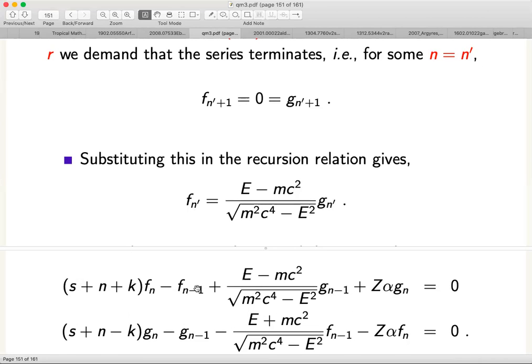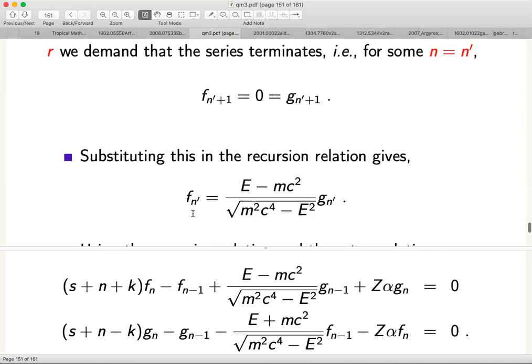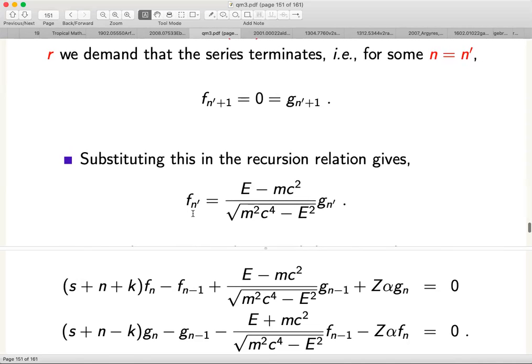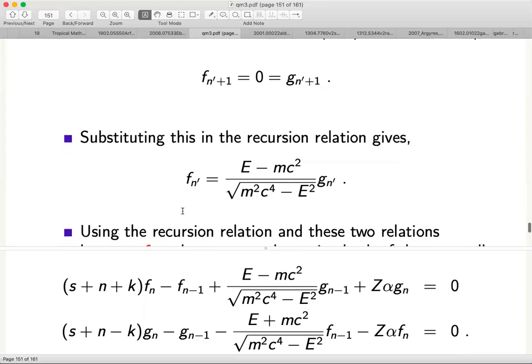Then these two terms go away and it tells you that fn minus 1 is equal to this quantity, which is what this expression is. Since this relation is independent of n and n prime, it is true for any n prime. If this term had survived, the relation would have depended on the choice of n, and it wouldn't be valid for arbitrary n. So what we have found is another relation between fn's and gn's. Is that okay?